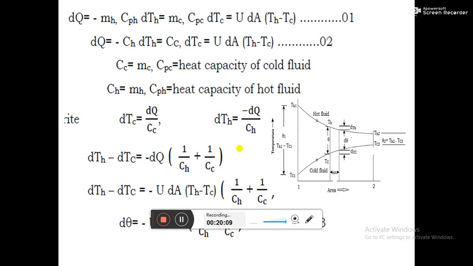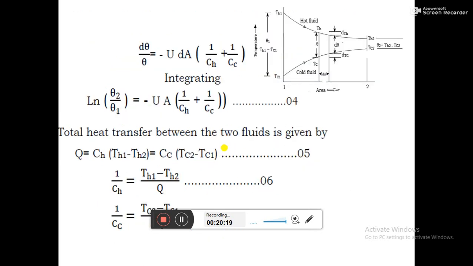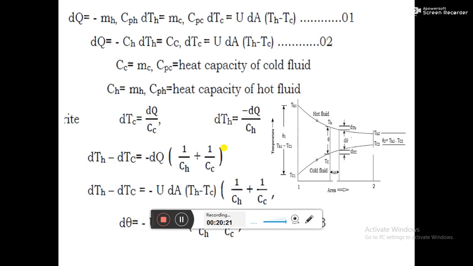But dq equals, from equation number 1, we can replace dq with U into dA into Th minus Tc, where Th minus Tc is the temperature difference between the hot fluid and the cold fluid in the elementary area, which is equal to theta.